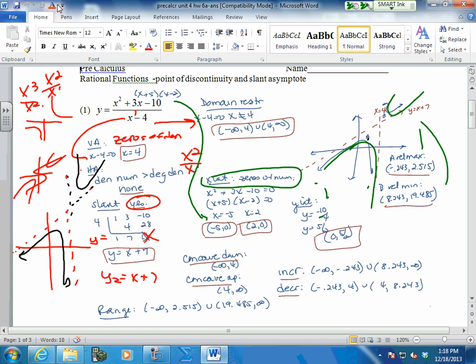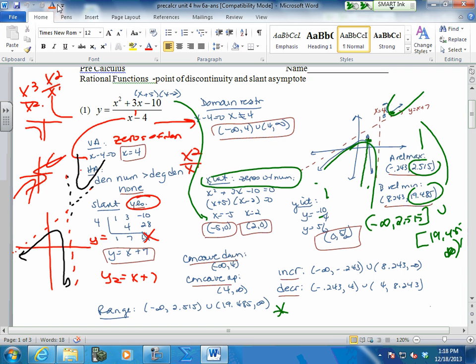Now, your increasing, decreasing works the same. Your range is the one that you should wait on until after your asymptotes and after your max and mins. Because now, my y will go from negative infinity to this y right here, 2.515. Then it won't start up again until this y, and it will go on to infinity.